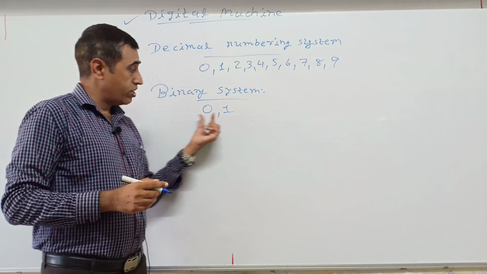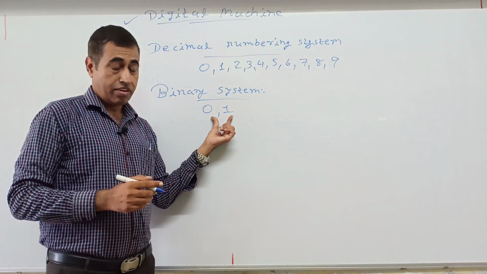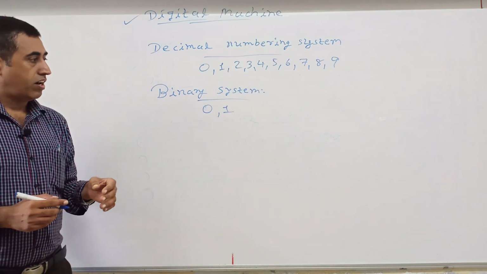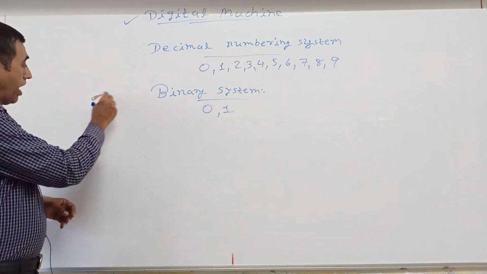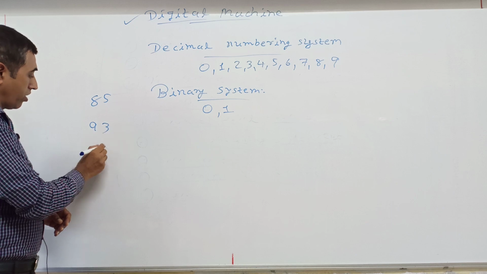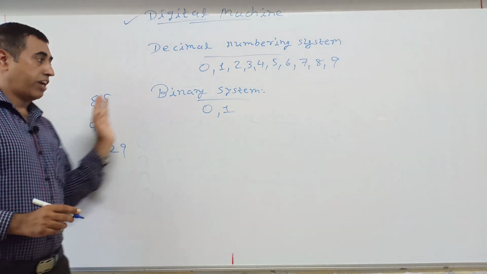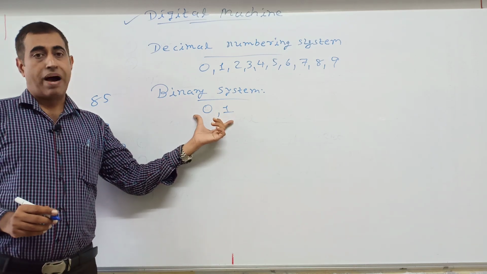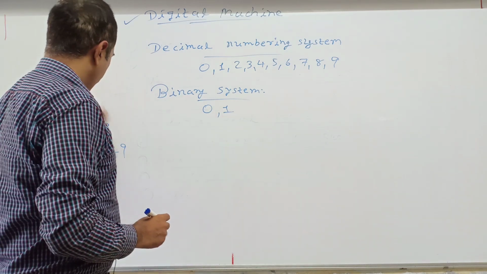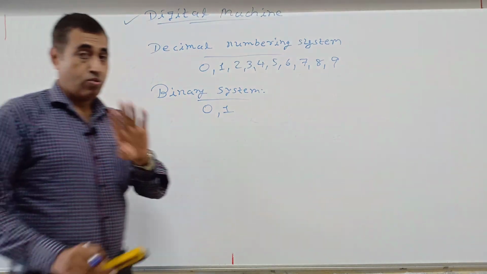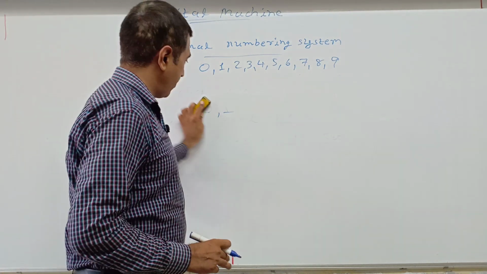So using these two digits, 0 and 1, it can represent any big number. Either it may be 85 or 93 or 929, whatever number it may be, our decimal number, that we can store into binary form also. So actually there are 4 numbering systems available.